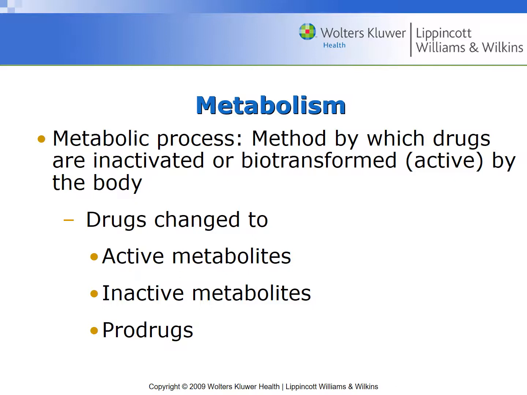So side effects and adverse effects and toxicity can occur in the metabolism phase of pharmacokinetics. Prodrugs are inactive until they are metabolized, and then they become active. So with these drugs, the distribution of the drug takes it to where it will be metabolized first, and then it starts doing its work.